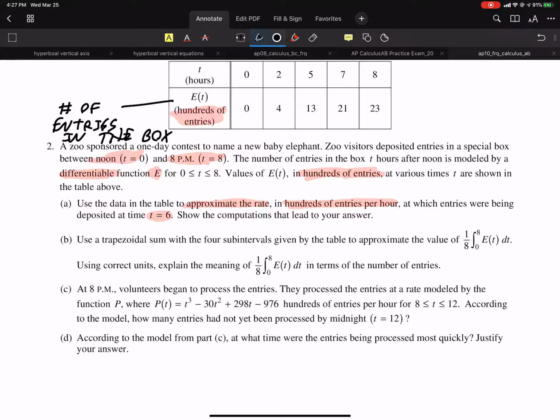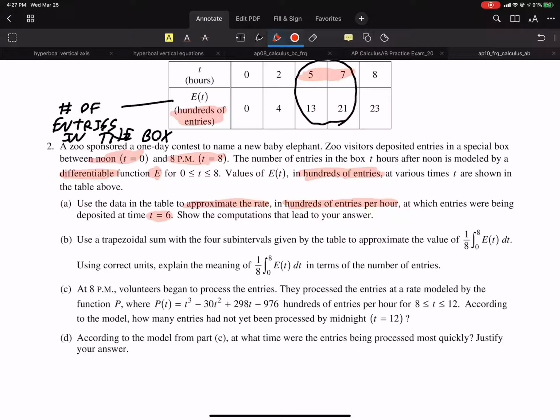And hopefully you guys are starting to figure this out. To approximate a derivative, if we use the mean value theorem, we could technically find the average rate of change between these two. Now, that would guarantee us that the derivative will equal that average rate of change at some time between 5 and 7.